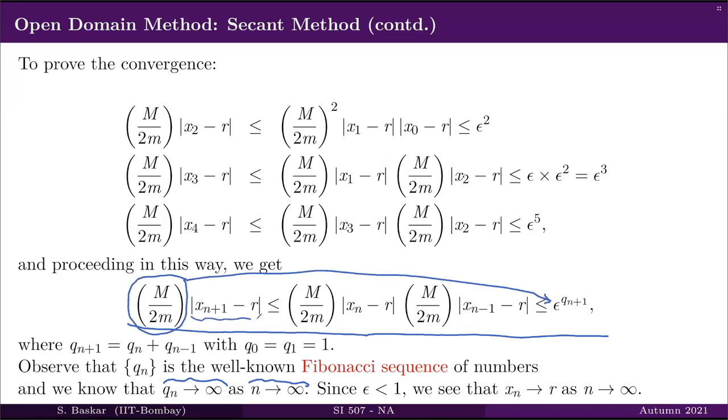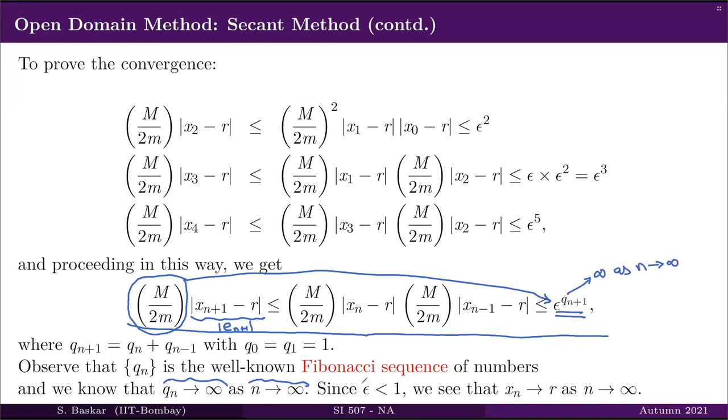This is the error involved in the (n+1)th term of your secant method iterative sequence when compared to the simple root r, and that error, let's call this |e(n+1)|, is less than or equal to some constant times epsilon to the power of q(n+1), and this number q(n+1) tends to infinity as n tends to infinity, right?